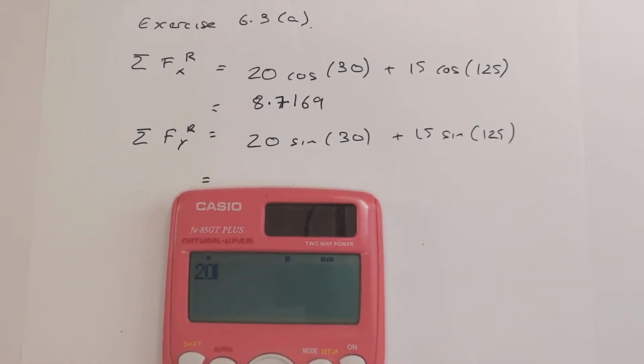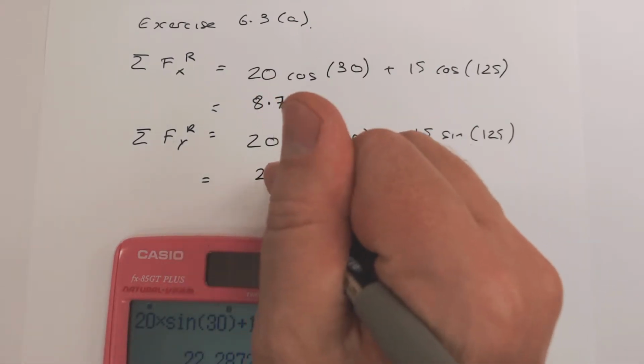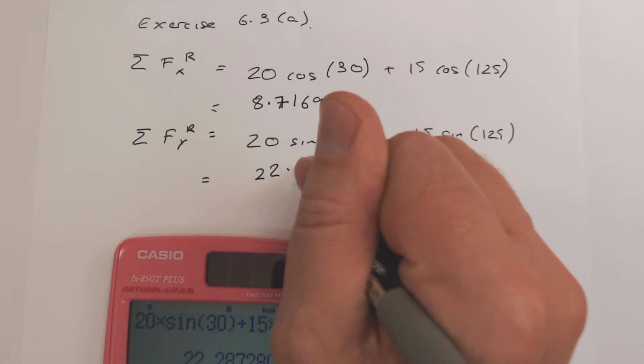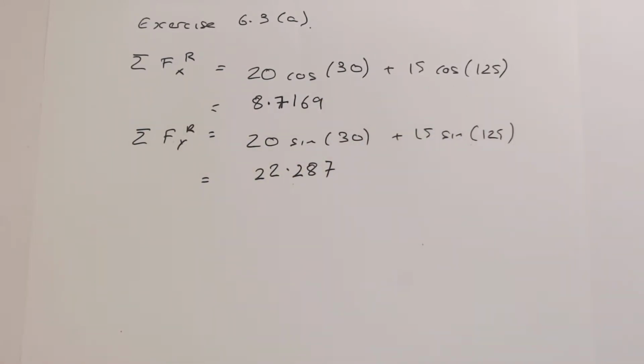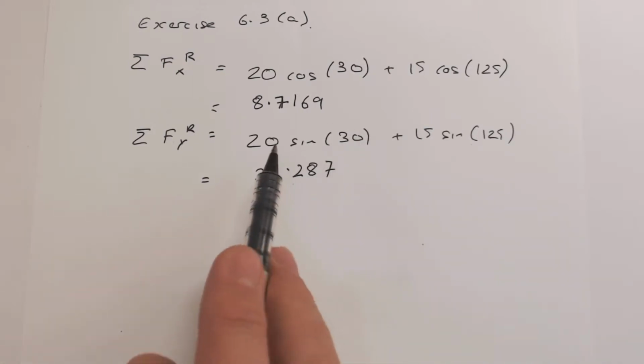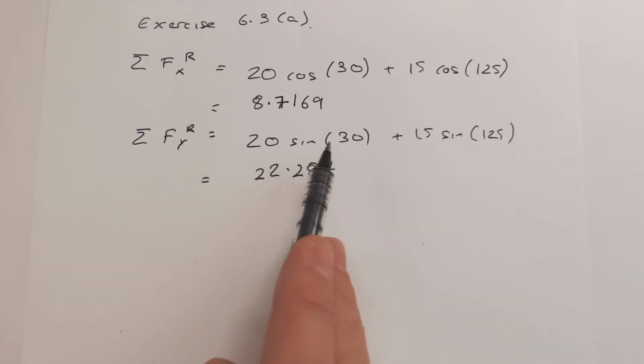So we've got 20 times sine 30 plus 15 times sine 125. Okay, so that equals 22.287.